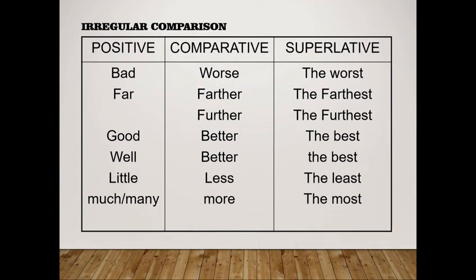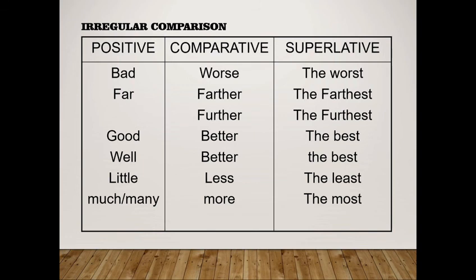Alright everyone, now we step on the last slide in exceptional comparison, irregular comparison. Okay, look at these words. There are bad, far, good, well, little, much, and many. Good and well both have similar meanings, but the difference is the part of speech.